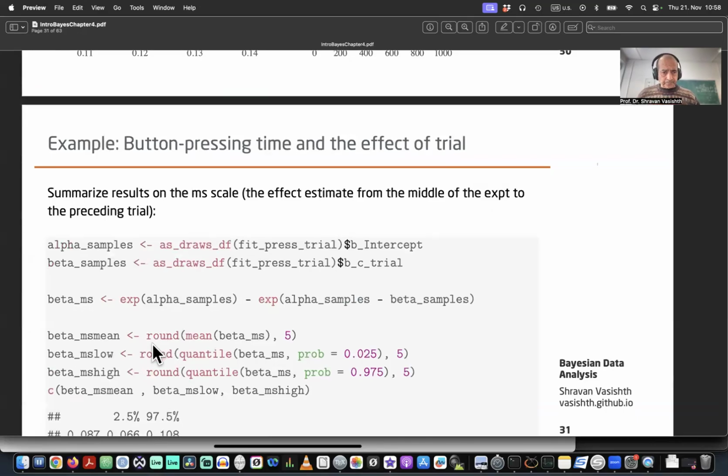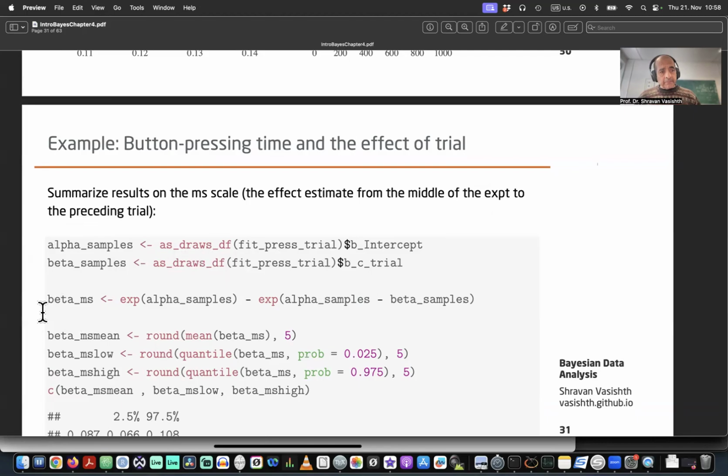The back transformation that is pretty convenient as an approach is to first extract the samples for the intercept and for the slope. Okay, so now I've got the samples for the alpha and the beta parameters. These are on the log scale.